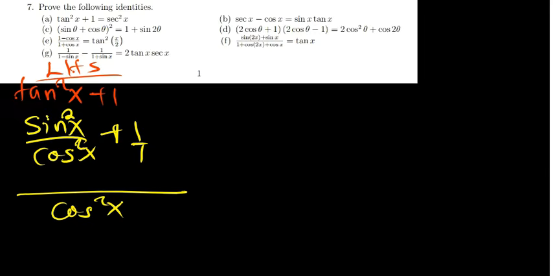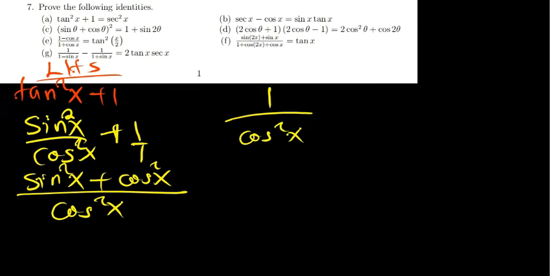So cos squared into 1, I'm going to have cos squared x. So on top I'll have sine squared x plus cos squared x. Now I also know that sine squared plus cos squared is 1. So I'll replace that with 1, divided by cos squared x.